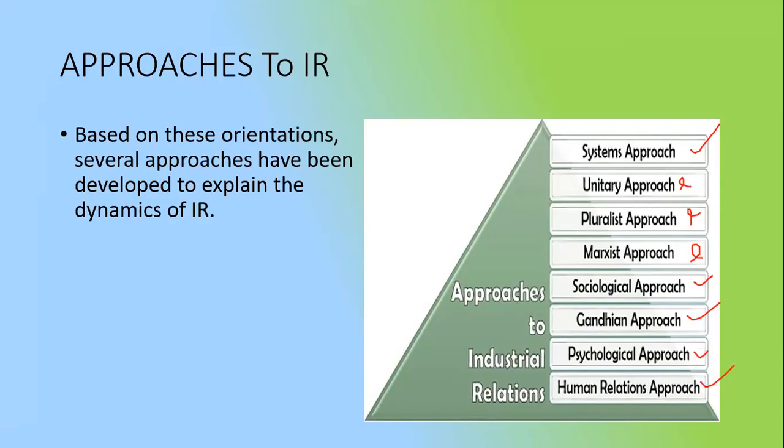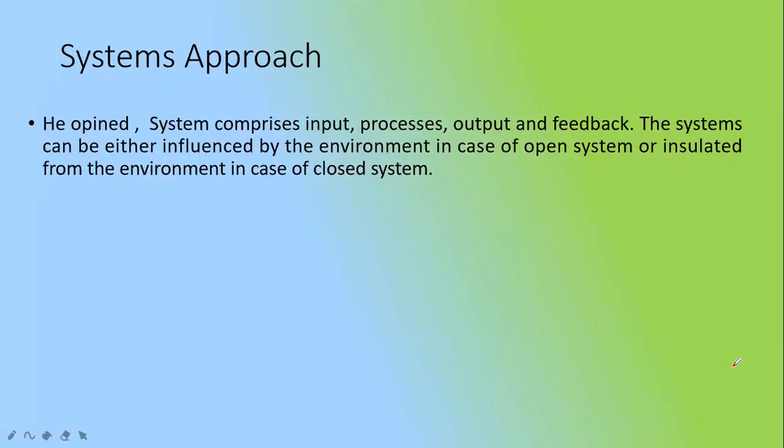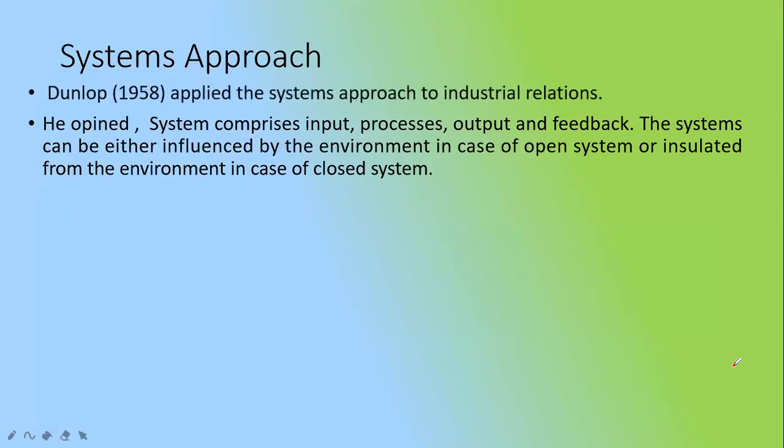Now, we are coming to the first approach, that is the systems approach. This was developed in 1958 by Dunlop, and he applied the systems approach to industrial relations. According to Dunlop, a system comprises various subsystems.